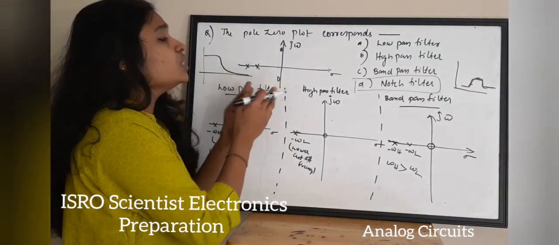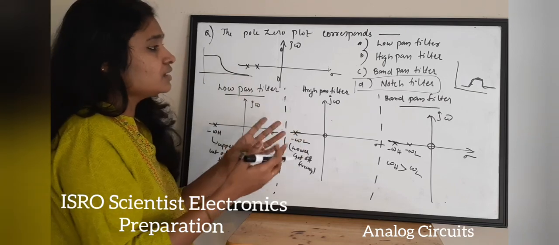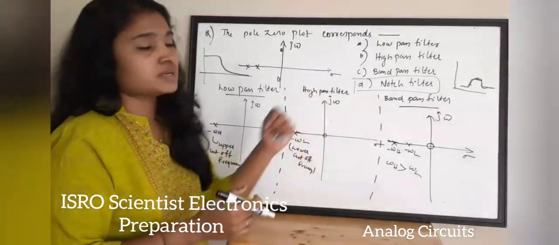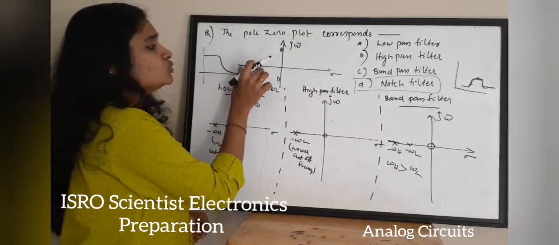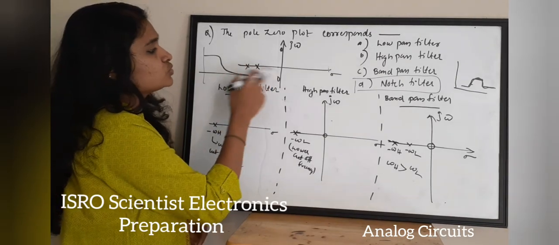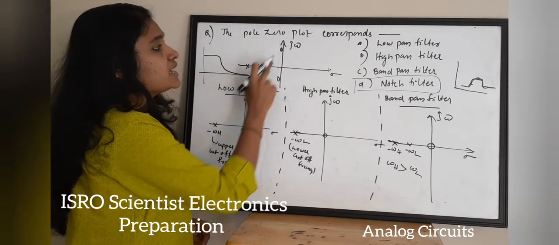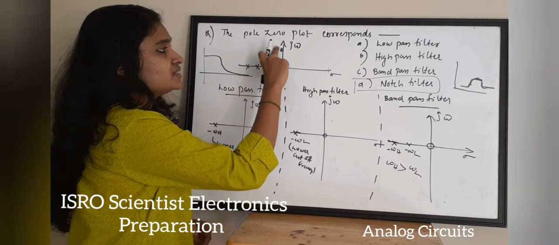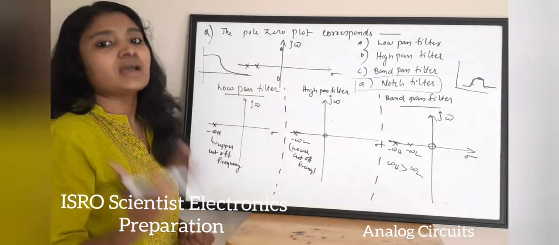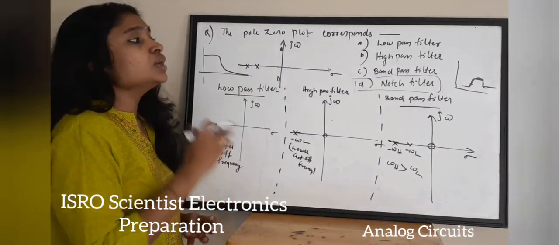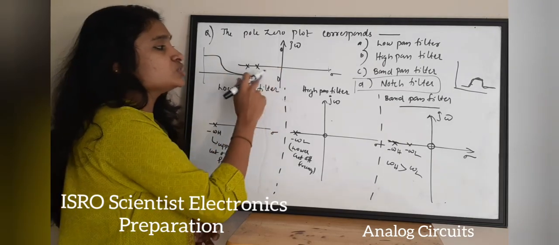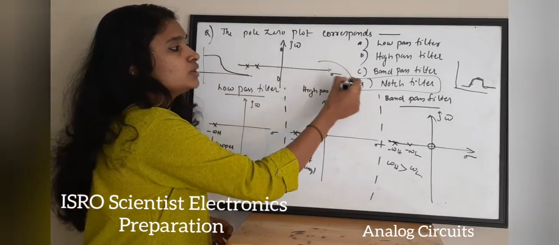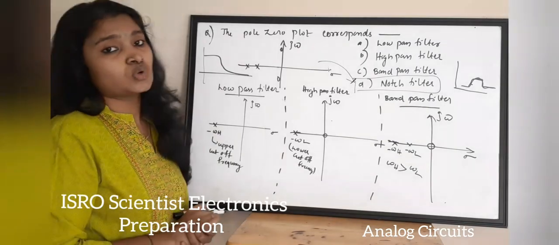And this given pole zero plot is a pole zero plot of a notch filter, because it is having two poles and two zeros present on the imaginary axis. Okay, so the given question or this pole zero plot corresponds to your option D, which is a notch filter.